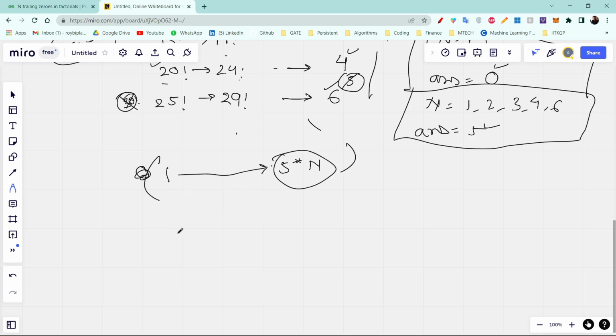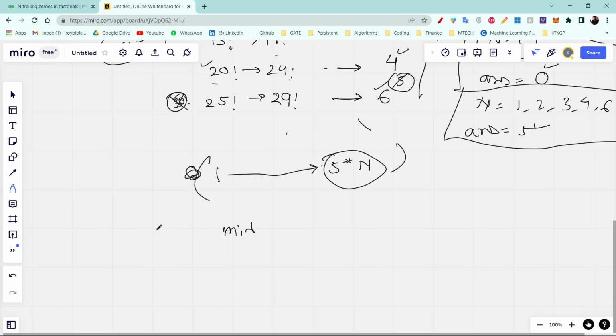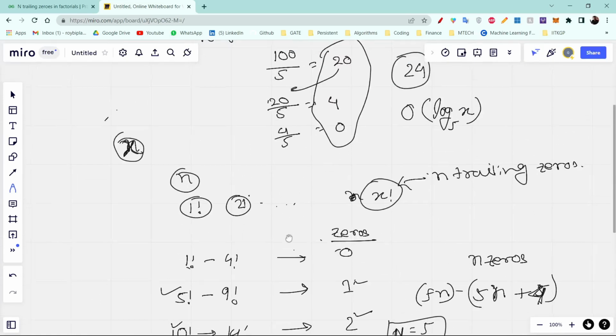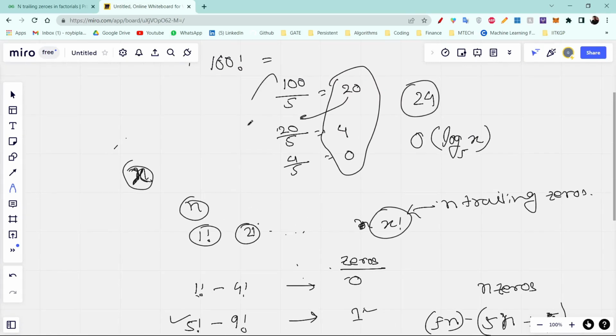Now let's say you get a mid, you have to check how many numbers have mid number of zeros. How can you check how many trailing zeros a number has? Using this method.